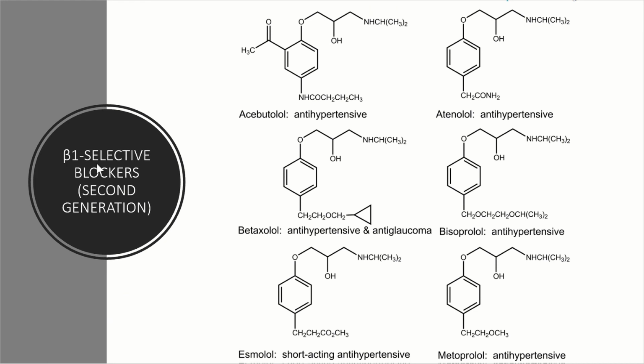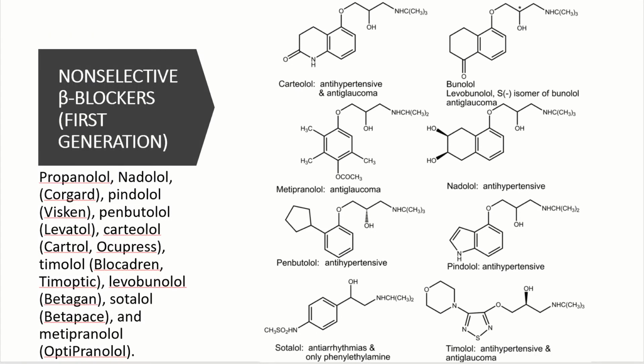And then we have our beta 1 selective blockers, which are second generation. We are familiar, or should be familiar, with atenolol, which we have seen several times. So far on this slide, nadolol and propranolol have come up already, right?